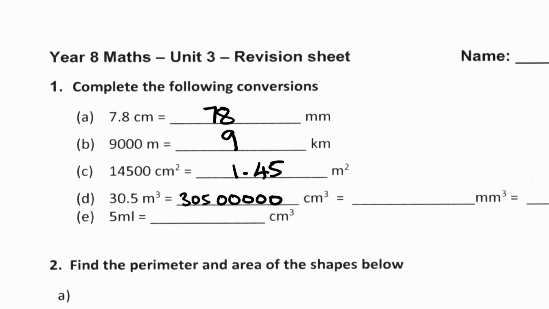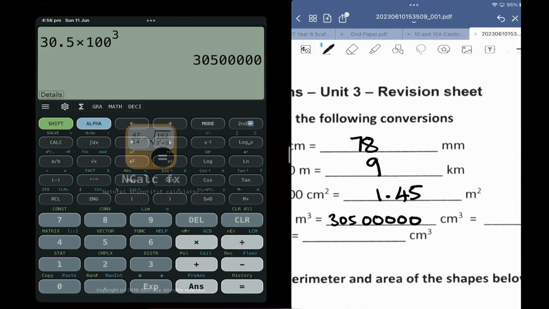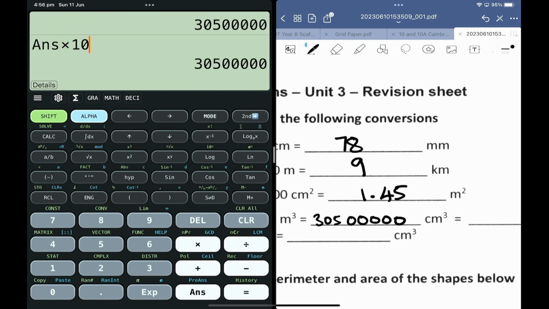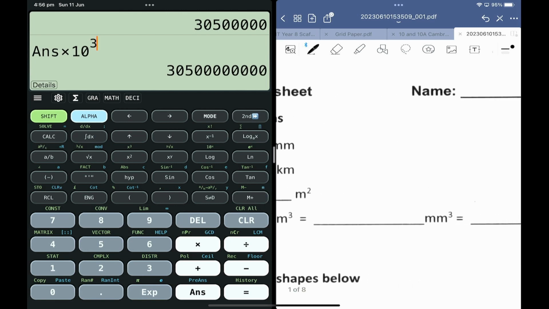So we multiply that by 10 cubed, which is 305 followed by lots of zeros, and I'll run out of space.